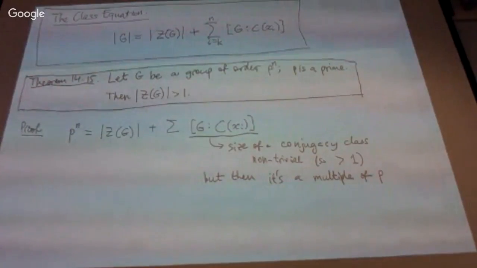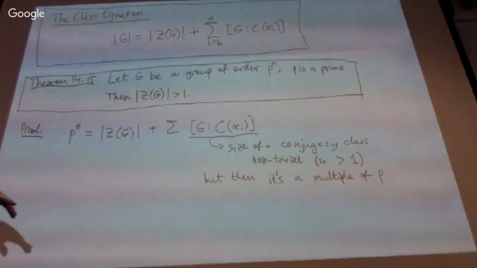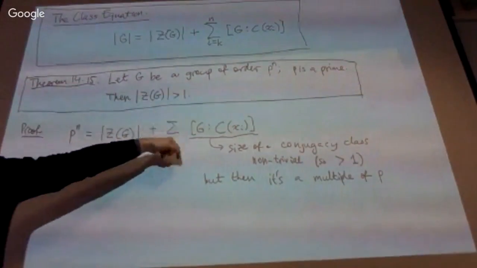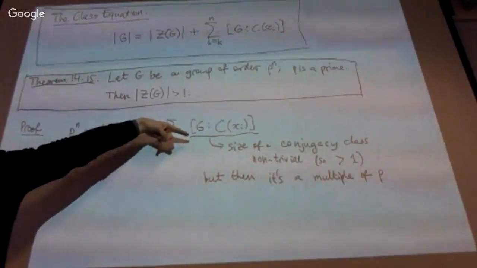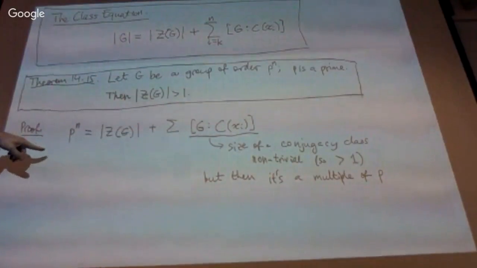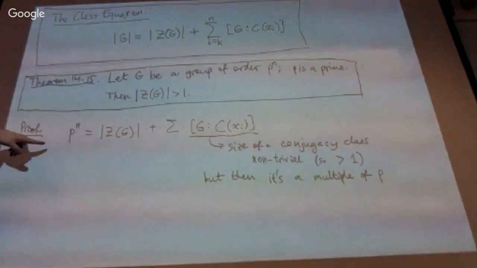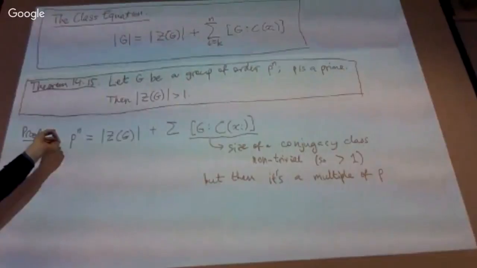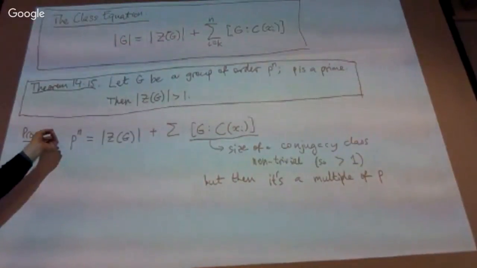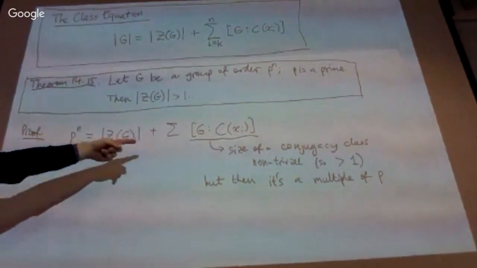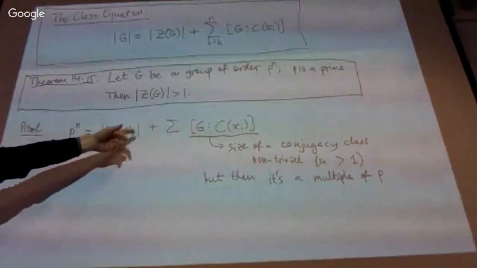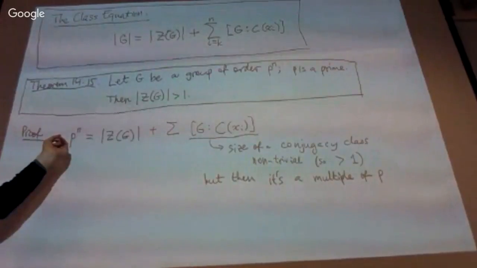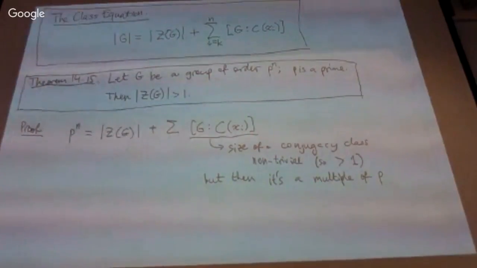So you add some multiples of p, and then you add 1, and you get p to the n. Well, that's not possible, is it? Adding multiples of p together and adding 1, you can't get something that's divisible by p. So the center can't have order 1.